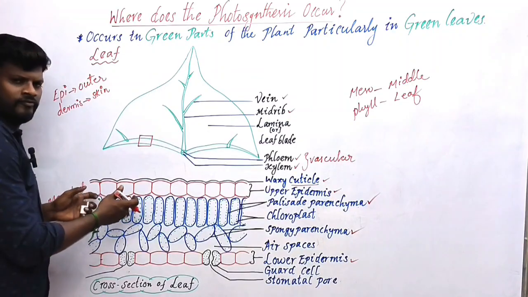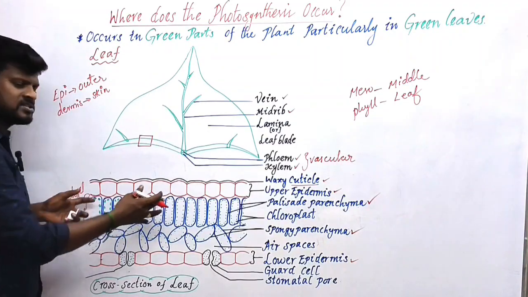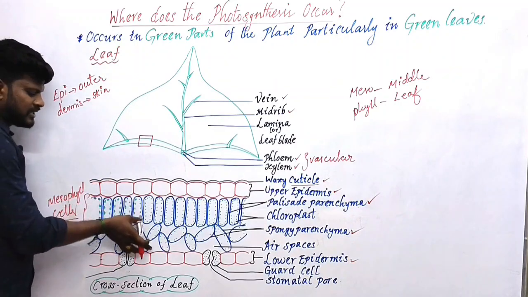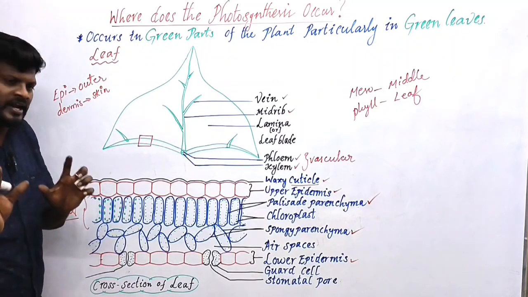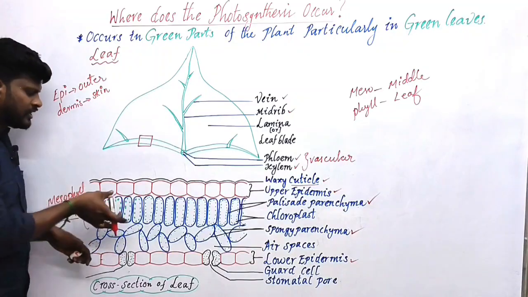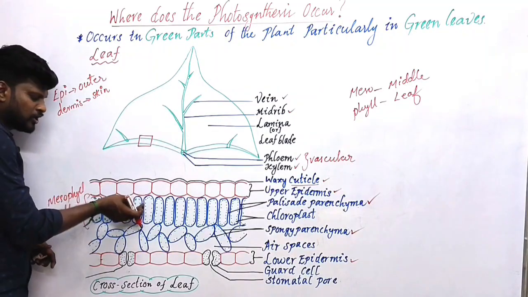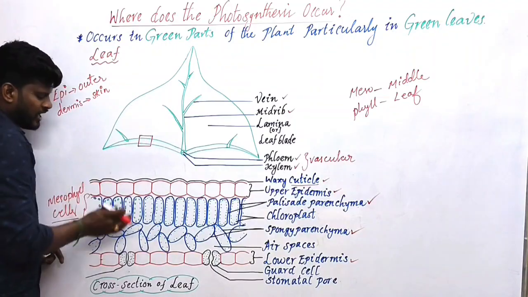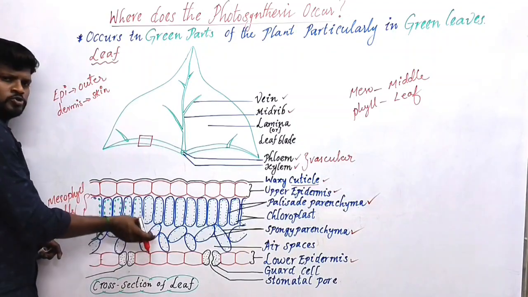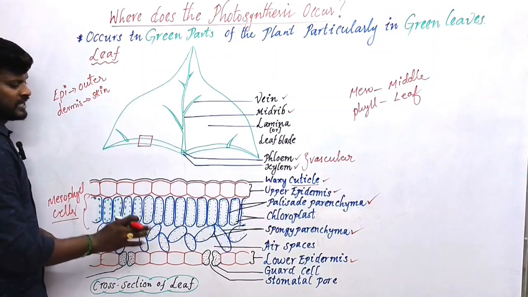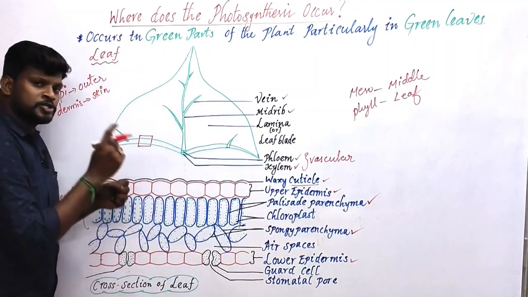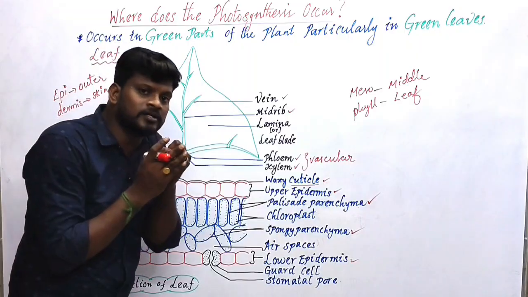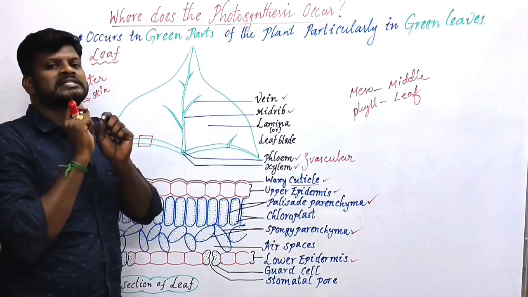Here I have shown only one layer of cells, but there will be some 2 to 3 layers of cells in both palisade and spongy parenchyma, right? So just make one thing clear: the cells present just below the upper epidermis are known as palisade parenchyma, and the cells just above the lower epidermis are known as spongy parenchyma. Palisade parenchyma and spongy parenchyma together are called mesophyll cells.